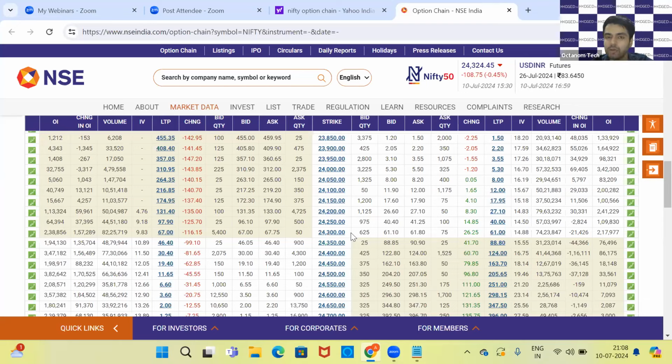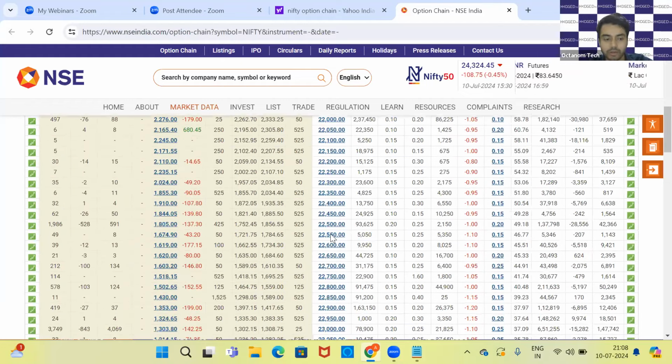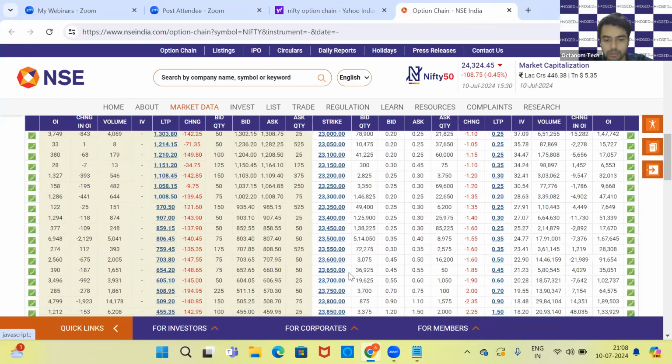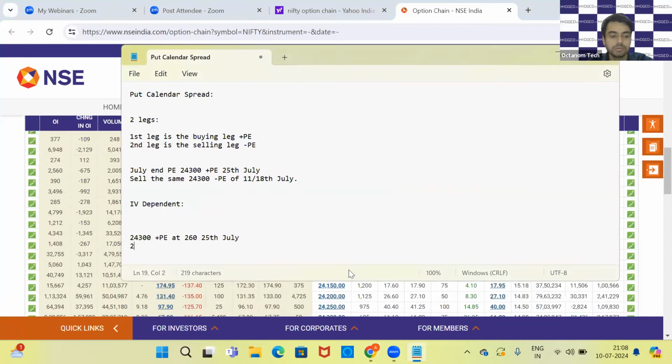I'll tell you why it is important and how it will help you. But just remember, the bigger the gap, the better the calendar spread, right? So for example, over here, we are going to take the 24,300 of 11th July, which is at 60 rupees.